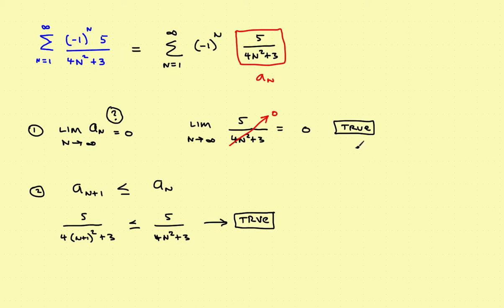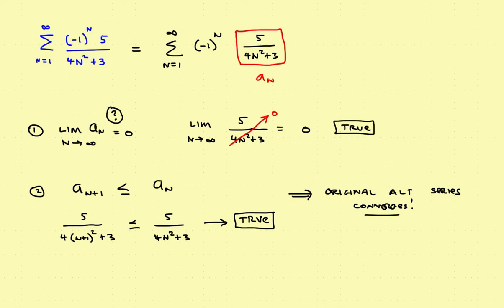If it's an alternating series and both these are true, you can conclude that the original alternating series converges. So it passed both parts of the condition.